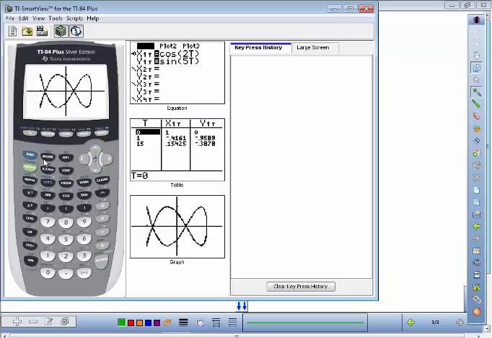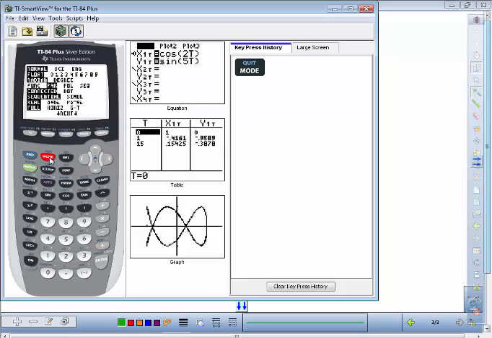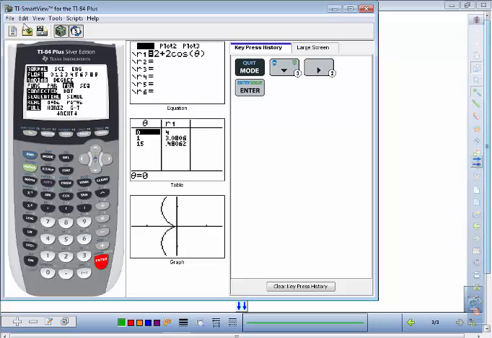So with the TI-83 or 84, I would click on mode. And where it was FUNC, which is the regular function that we've graphed before, and PAR for parametric, the next one's POL, which stands for polar. So you can select that. That should be your first step.